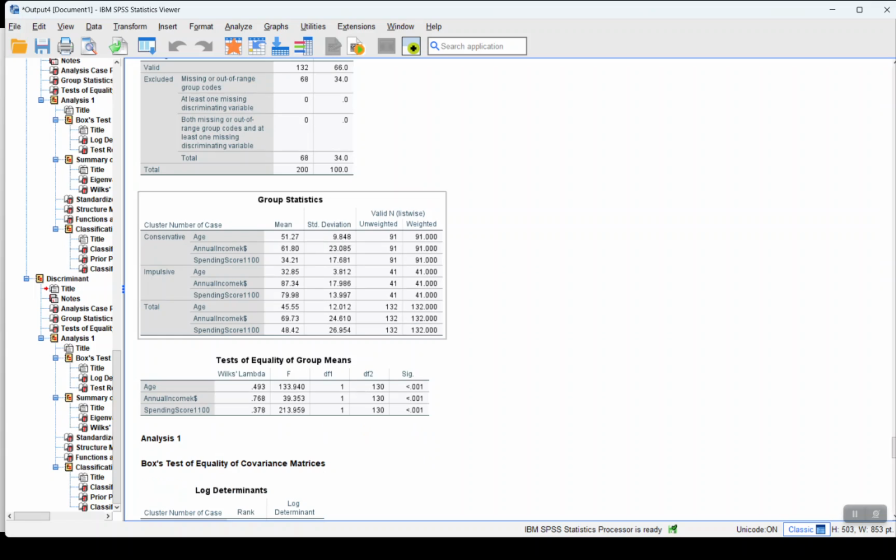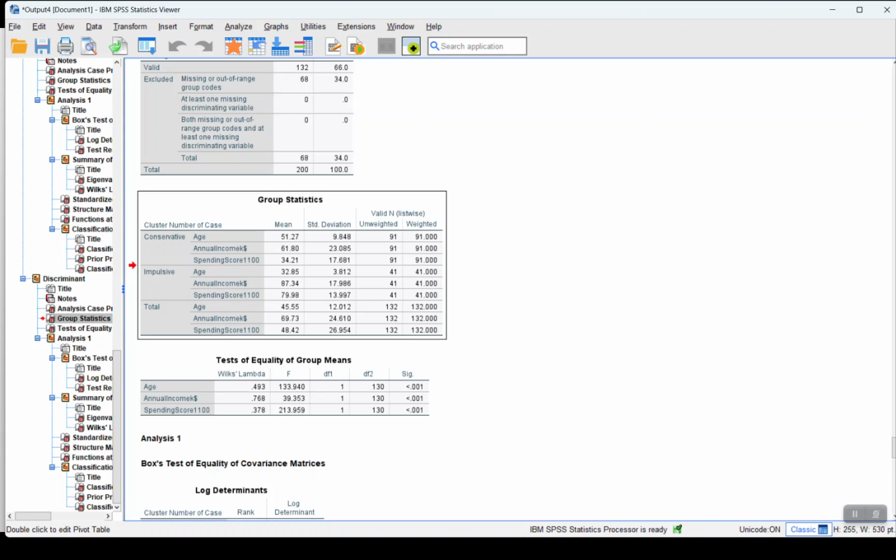Group statistics helps you understand the independent variables better with respect to how they are in the conservative and impulsive categories of the dependent variable. As we can see, for age, there's a difference between the two means for conservative and impulsive. For annual income, there is a difference between the means. Spending score is also different with respect to the mean.